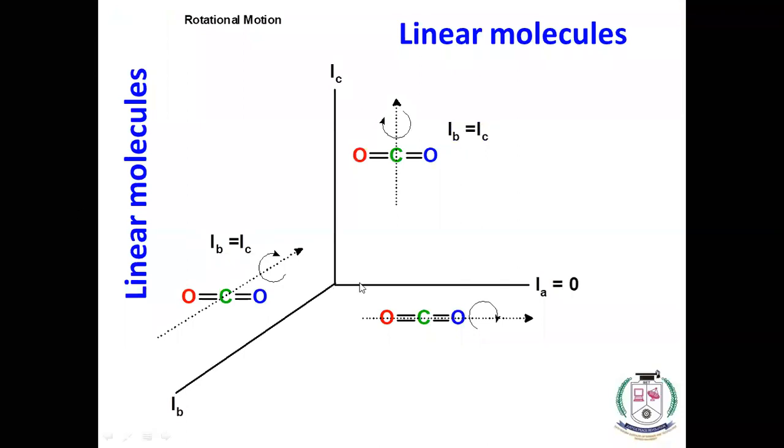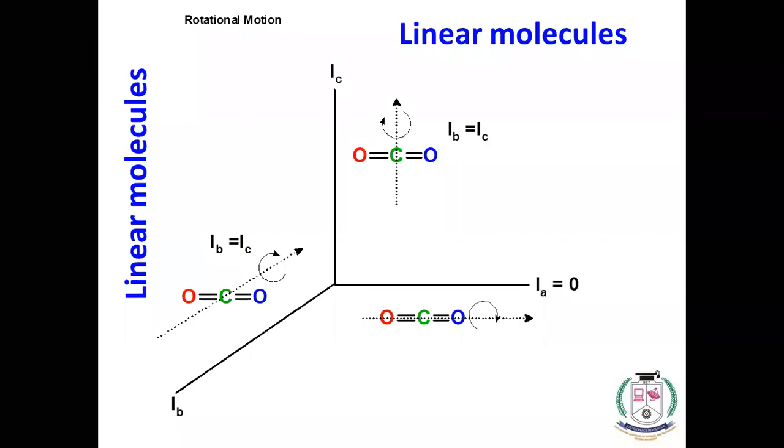The moment of inertia depends on the mass of the atom and its distance from the center of gravity. Keep in mind that for IA, all atoms are on the axis. That means the mass effect and radius effect will be nil.